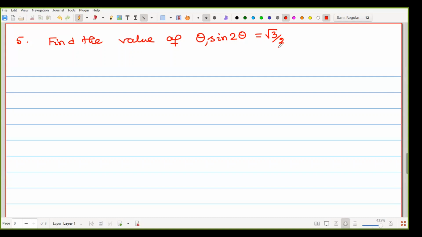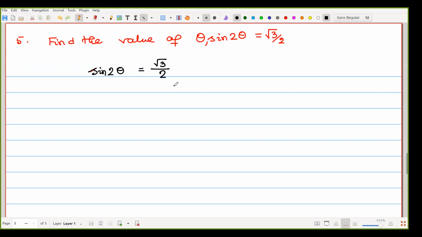Okay, so we have sine 2 theta is equal to the given root 3 by 2.